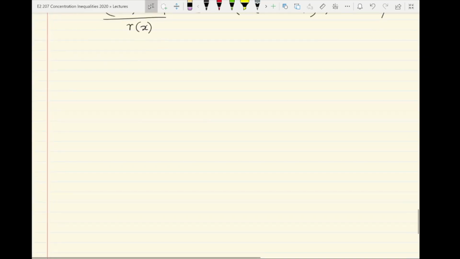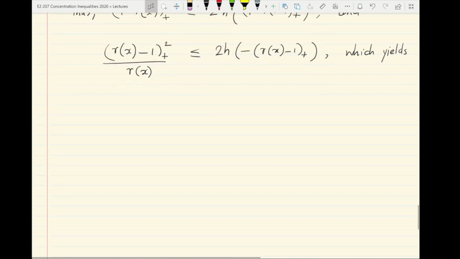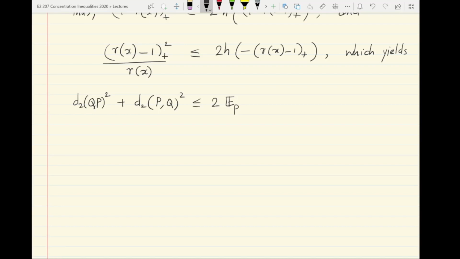that, if you go back to d2(q,p)^2 plus d2(p,q)^2 and plug in the upper bounds on the right hand side, we have d2(q,p)^2 plus d2(p,q)^2 is at most twice the expectation under p of h of (1 minus r(x))_+ plus h of the negative of (r(x) minus 1)_+.